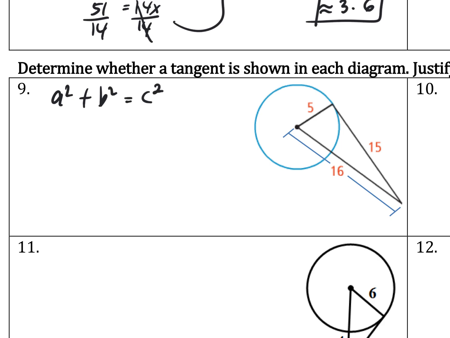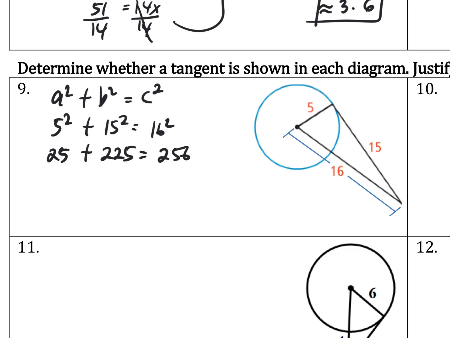Here I can say that 5 squared plus 15 squared is equal to 16 squared. 5 squared is 25. 15 squared is 225. 16 squared is equal to 256. 25 plus 225 is going to give you 250 only, which is not equal to 256. Therefore, this is not tangent.